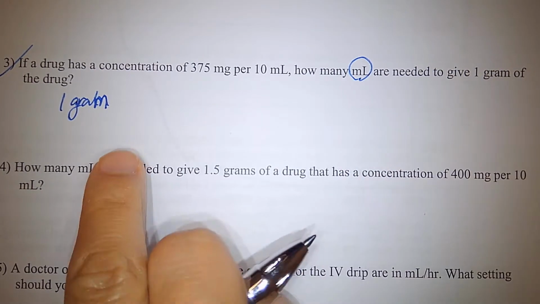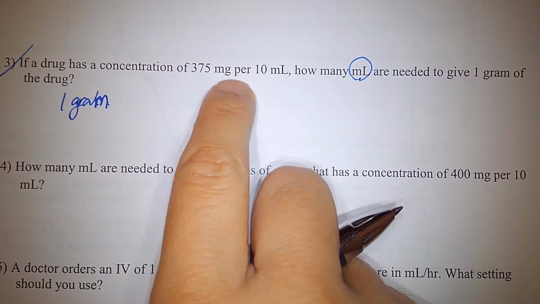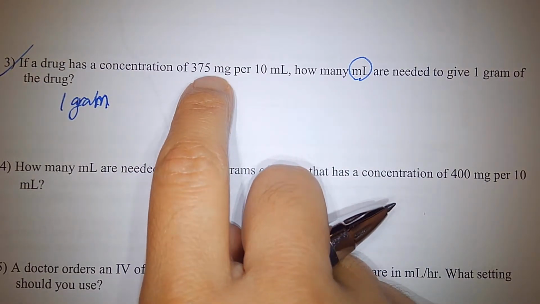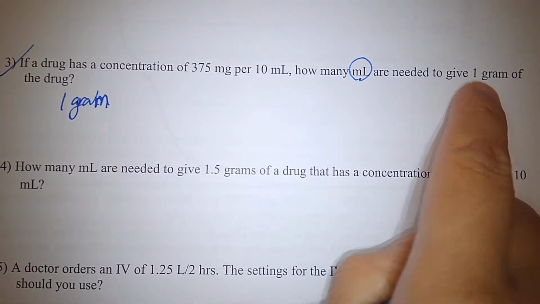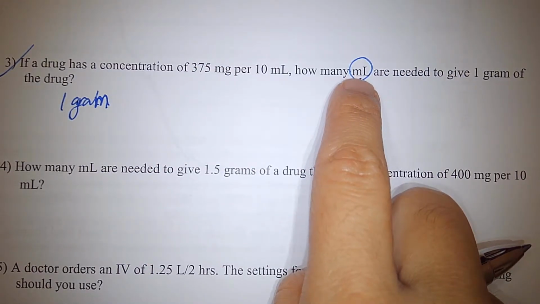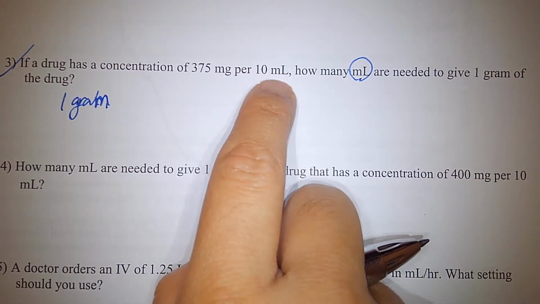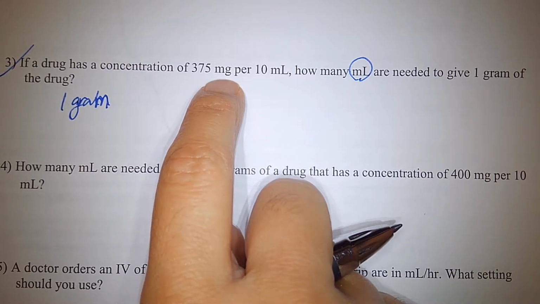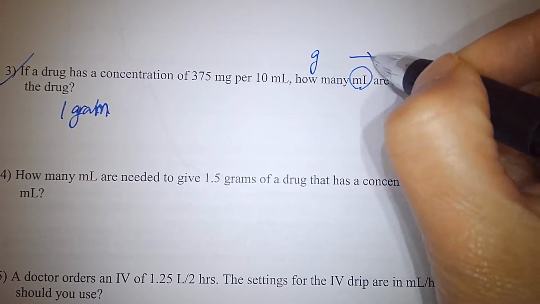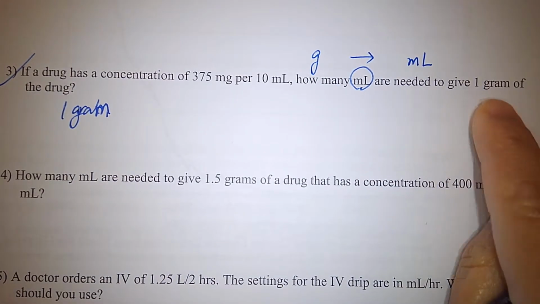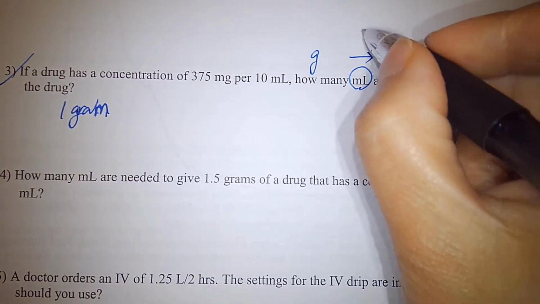So far what we know is the conversion from mg to ml. But we want G to ml because it's 1 gram, right?